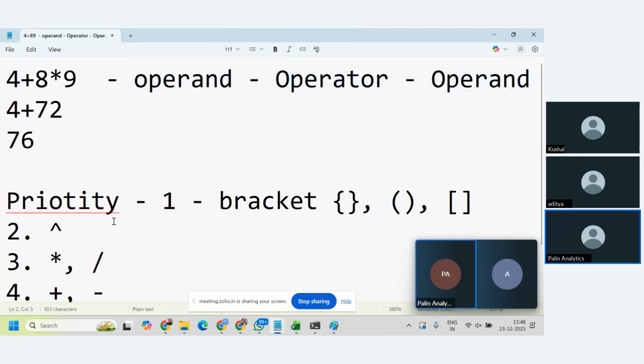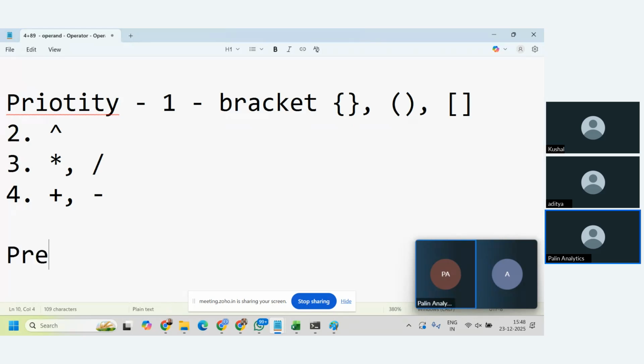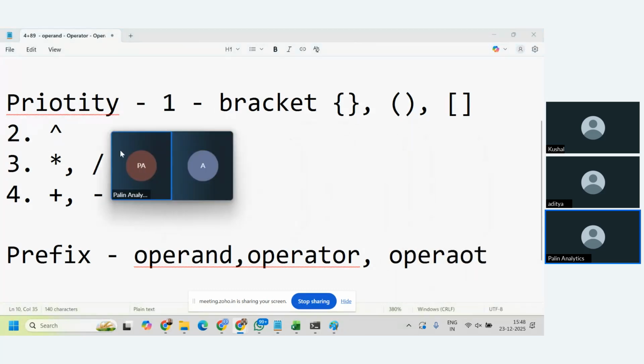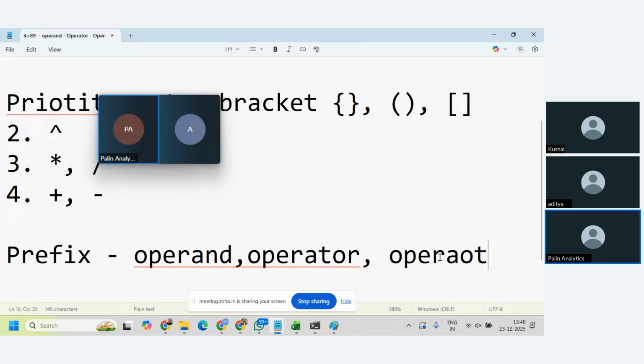But in prefix or postfix, what happens? If I talk about the prefix, in prefix, first of all there is an operator, then the operands. Like this, it gets arranged.